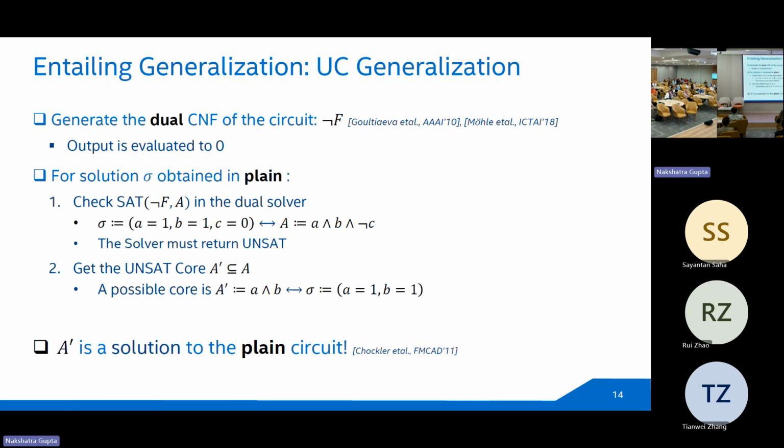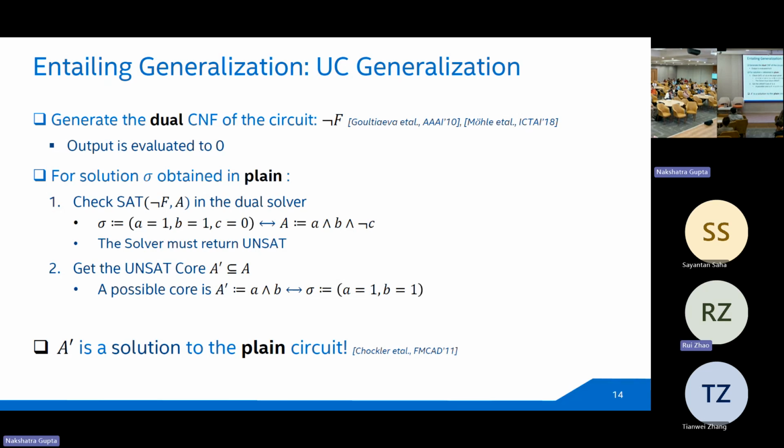So now every solution in my original circuit is guaranteed to not be a solution in the dual circuit, since I know that in a solution of my original circuit the output is evaluated to 1 and not to 0. After I generate the dual circuit, I convert it to CNF, and now I have the dual CNF of my original circuit.